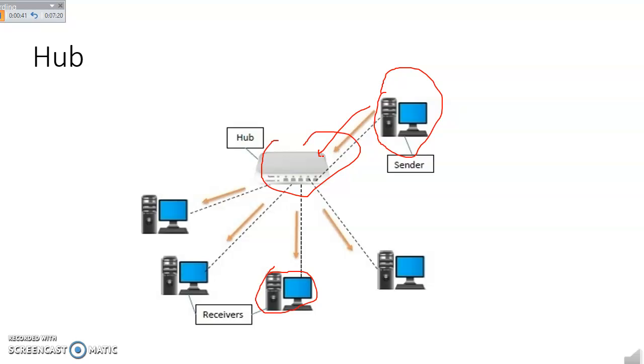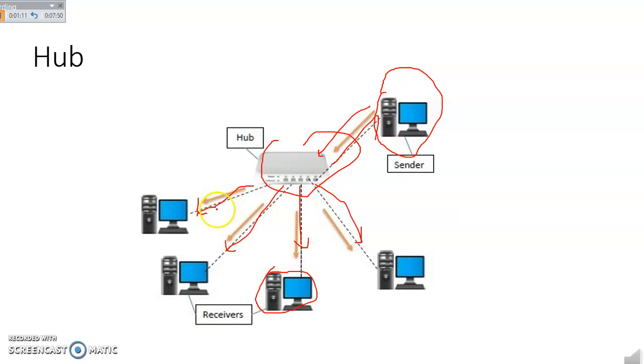It will only forward this packet to all the stations. This is station number 1, 2, this station also, this station also, this station also. So it will broadcast this message to all the stations. That's why a hub is not an intelligent device.